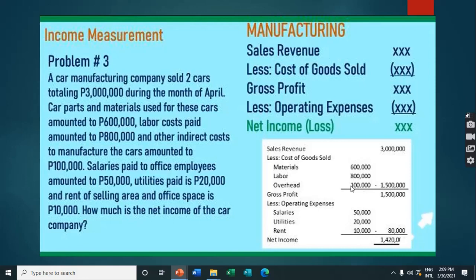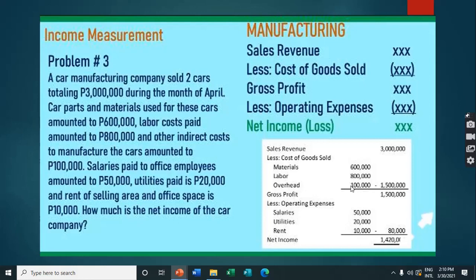So, we have your sales revenue. Ayan, parehas sila ni merchandising. I-less mo din yung cost of goods sold mo. And then, we come up with the gross profit. And then, dun sa gross profit na yon, i-less mo din yung operating expenses mo. Para makuha mo yung net income or net loss.